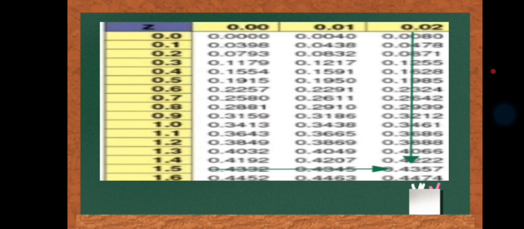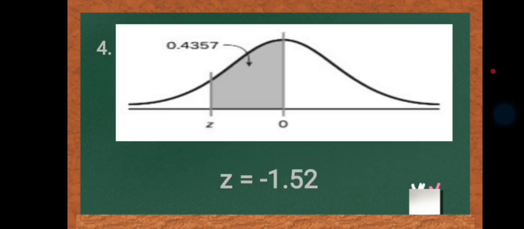For 0.4357, you would find it associated with a row of 1.5 and a column of 0.02, and it will give us a z-value of 1.52. Since the shaded region is on the left side, the z-value will be negative. Therefore, the z-value of 0.4357 to the left side of the mean will give us a result of negative 1.52.